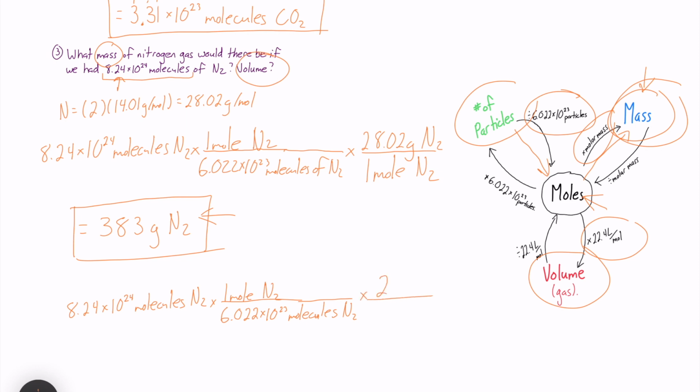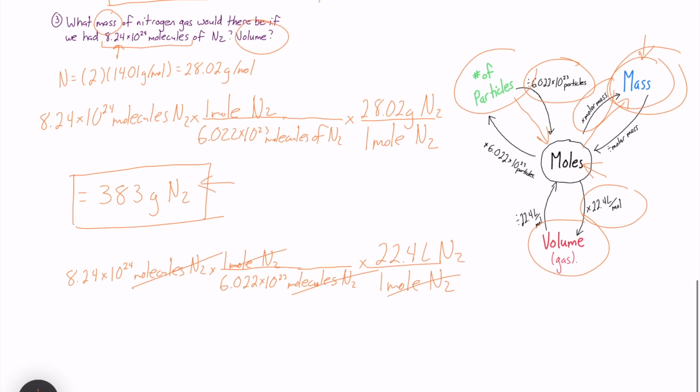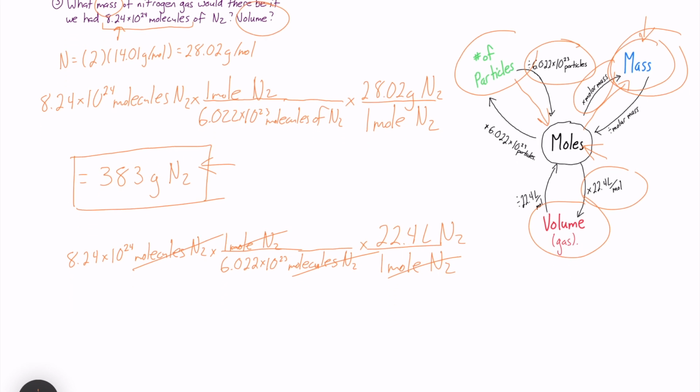Okay, so we have times sign line, 22.4 liters of N2, and that is divided by our 1 mole of N2. So before we calculate, our units should cross off. So moles of N2, moles of N2, molecules of N2, molecules of N2, and we are left with liters of N2. Let's see what we get when we calculate here.